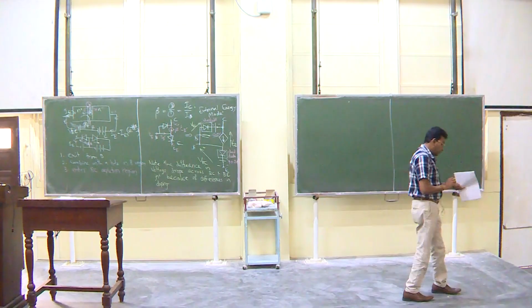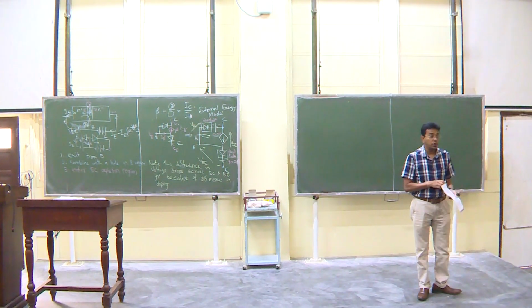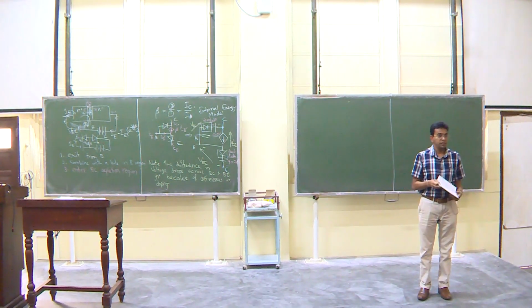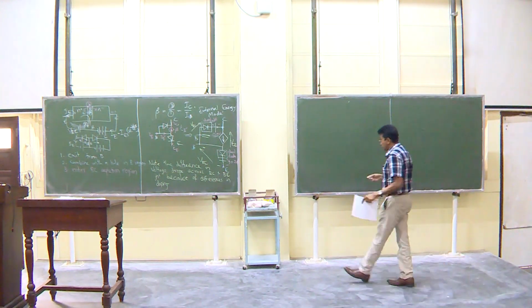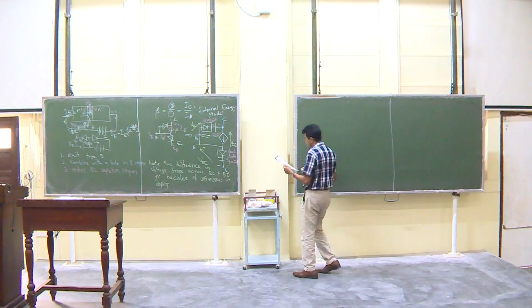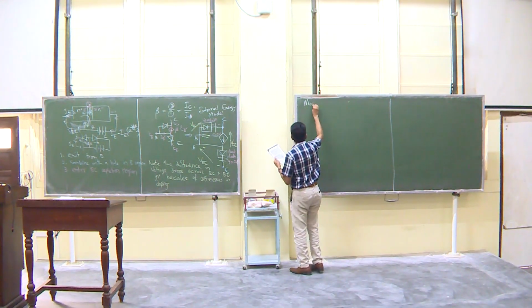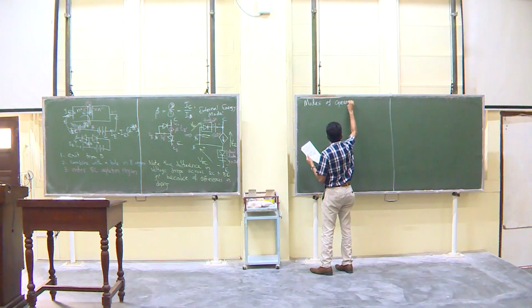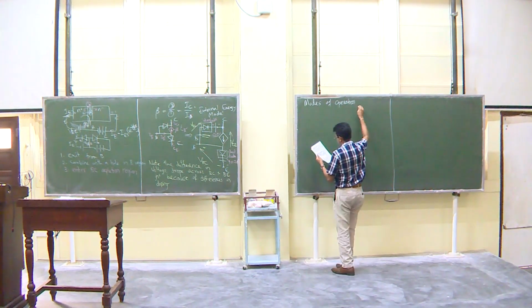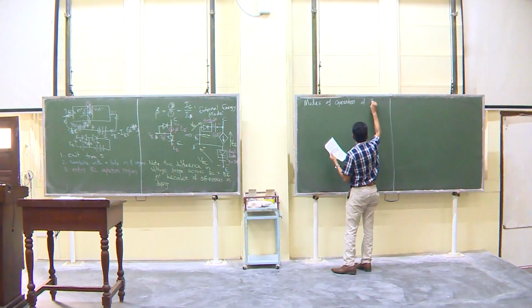Though you have done modes of operation for BJTs, let us review it again just so that we know everybody is on the same page. Modes of operation of BJTs.